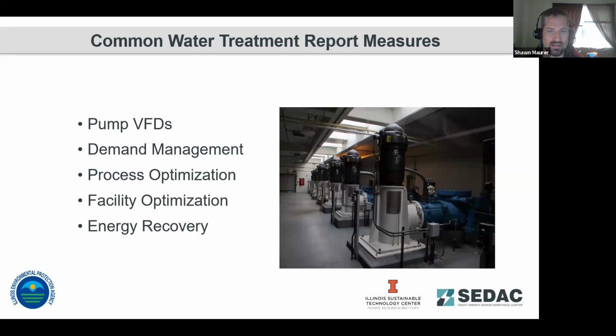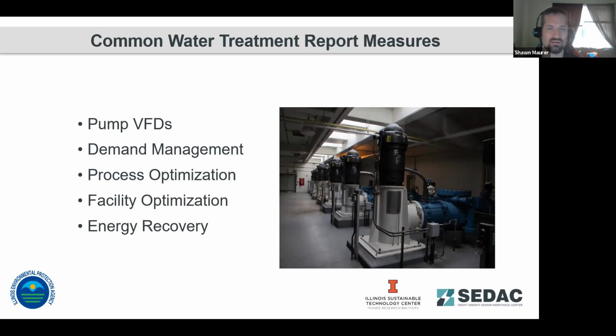And we'll also be looking at, again, using VFDs, process improvements. Can you shift things around at facilities in order to decrease that peak electric draw that you have at your facility? We'll also be looking at process optimization. Primarily, this focuses around filtration and optimizing that process to minimize how much wastewater you're producing.